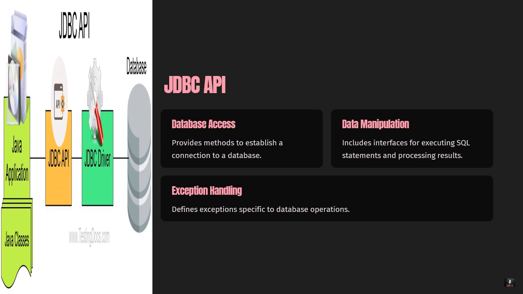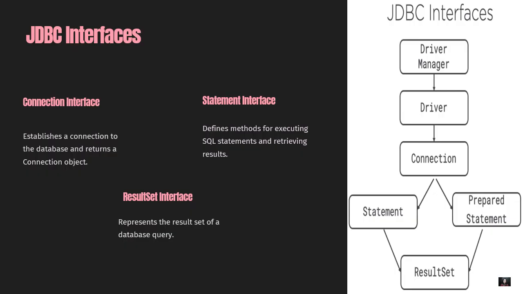Next, JDBC API. Database access provides method to establish a connection to the database. Data manipulation includes interfaces for executing SQL statements and processing results. Exception handling defines exceptions specific to database operations.